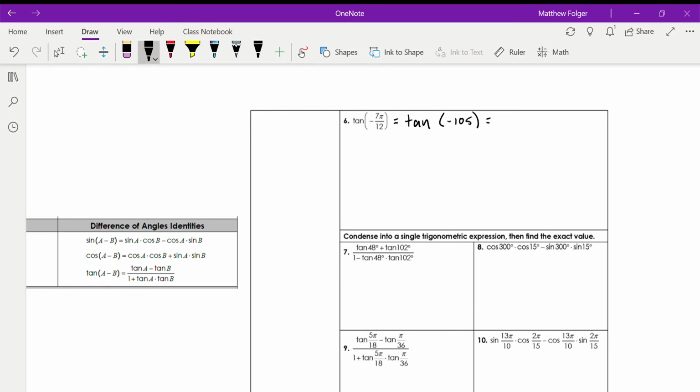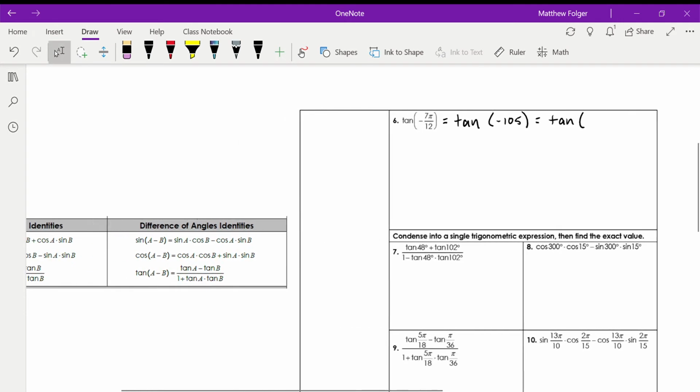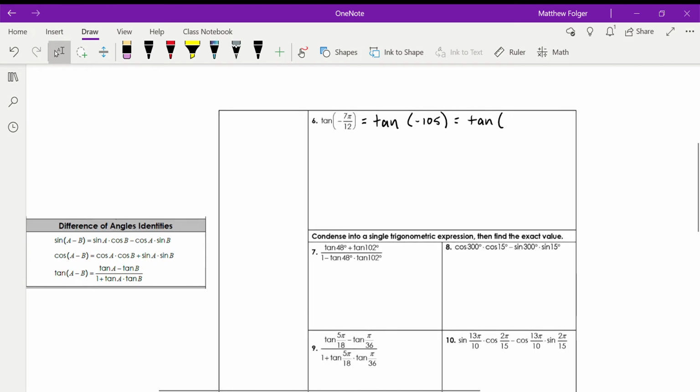Because remember, none of these things actually change the value of this function. Remember, you can add or subtract 360 with no issues. So we're basically finding the tangent of 255.